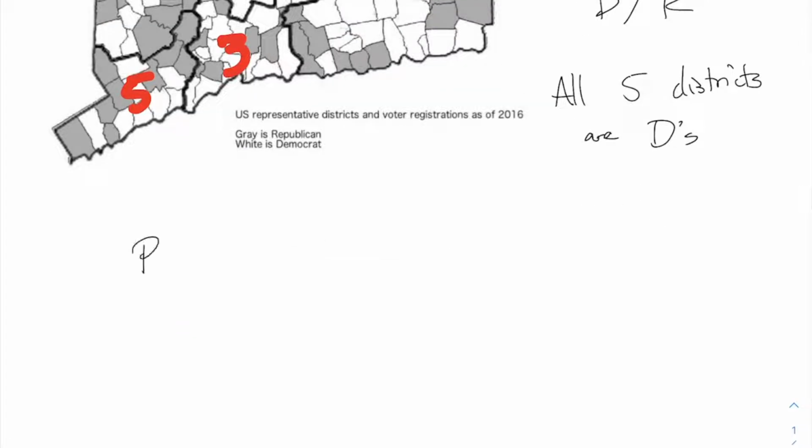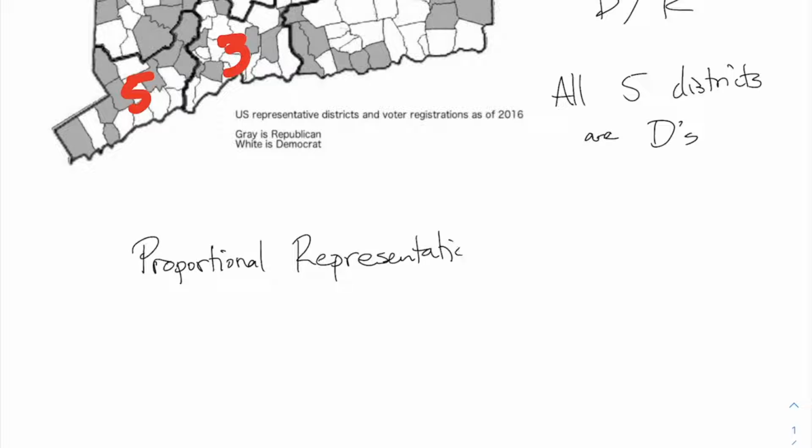There's a phrase called proportional representation. This is one of the main goals of democracy in general, proportional representation.